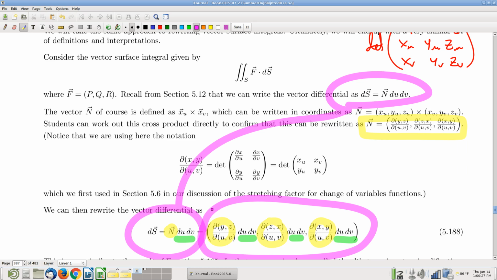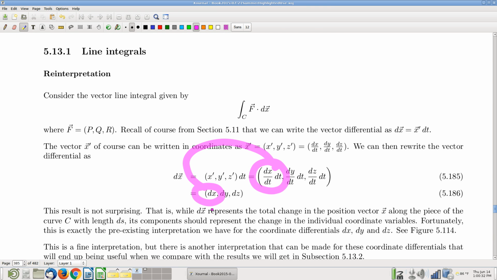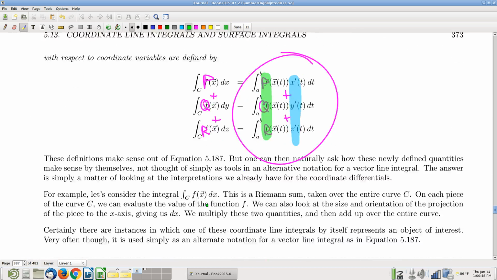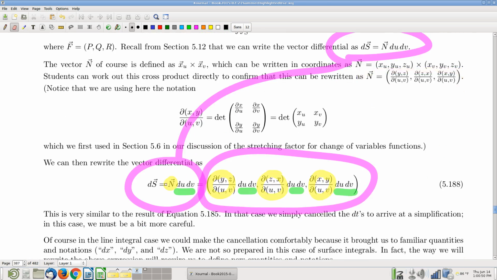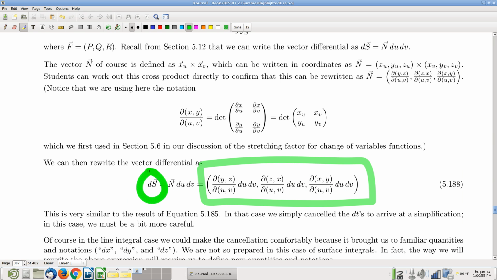Let me remind you, when we were talking about vector line integrals, we had an explicit formula for our dx vector, which caused us to ask, what can I call that? And we decided to call it dx. We're in the same scenario now with surface integrals. Here is our ds vector. What am I going to call that?